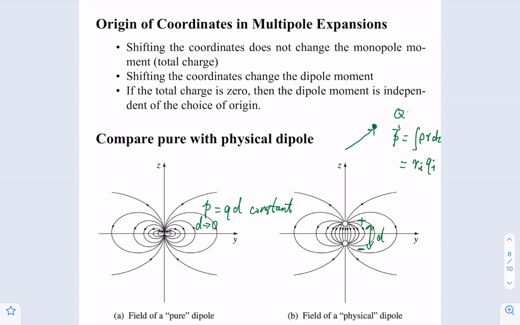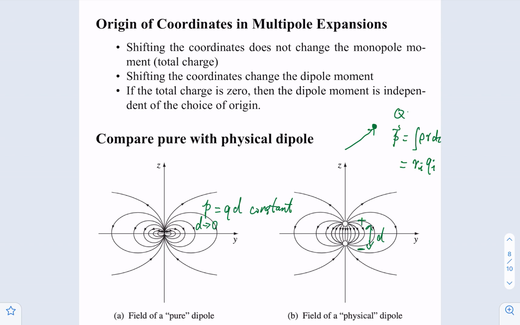So for the multipole expansion, only the first term is independent of the coordinate you choose, and the dipole term already depends on where you choose your coordinate, and also the same for the quadrupole terms. Only if you choose the origin to be exactly the same as your point charge, all your higher order terms go to 0. And if you slightly shift the origin, there will be higher order terms.